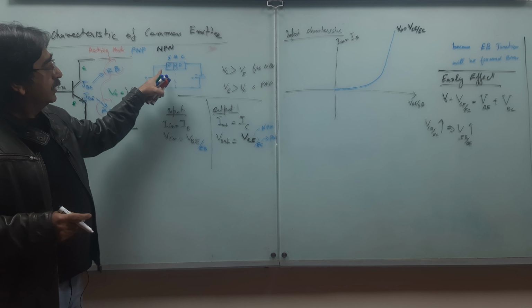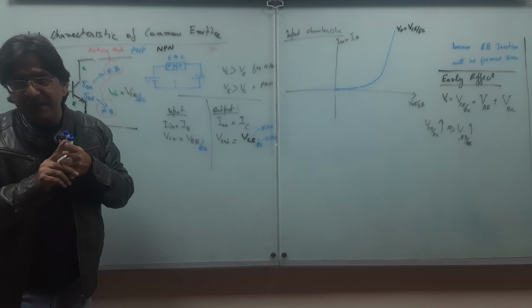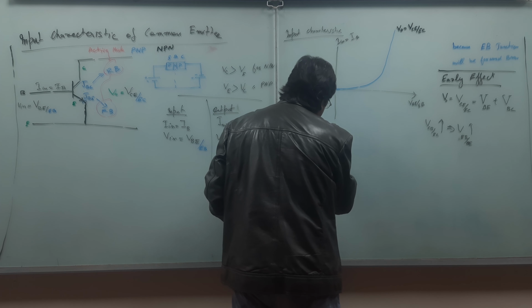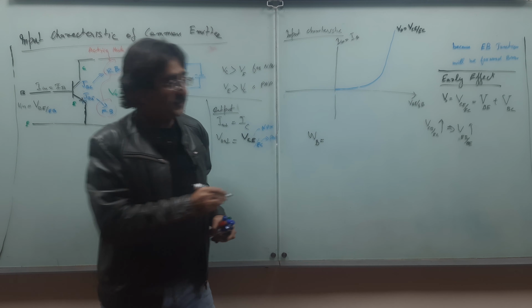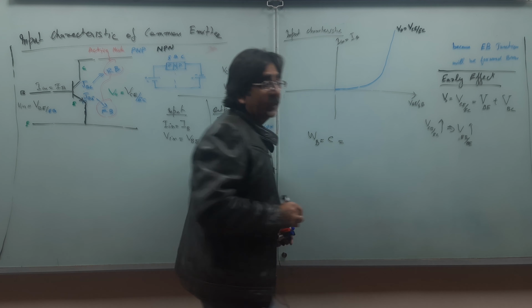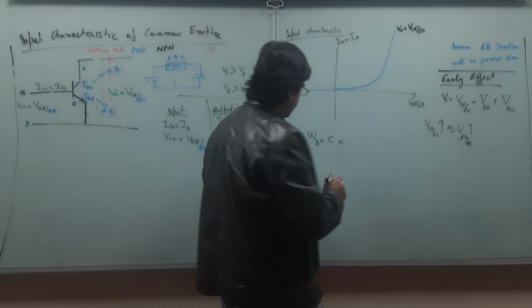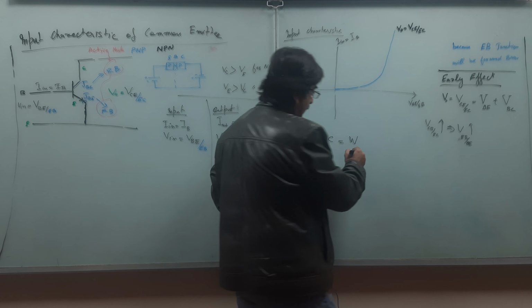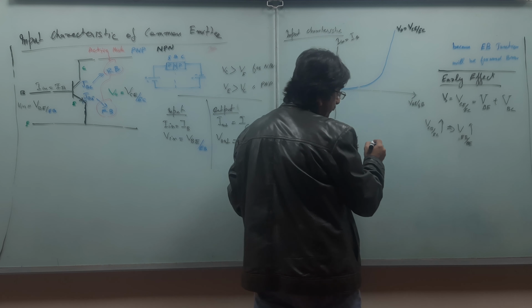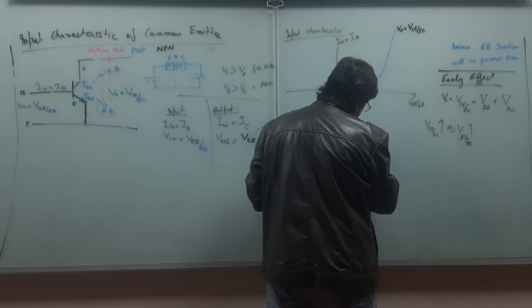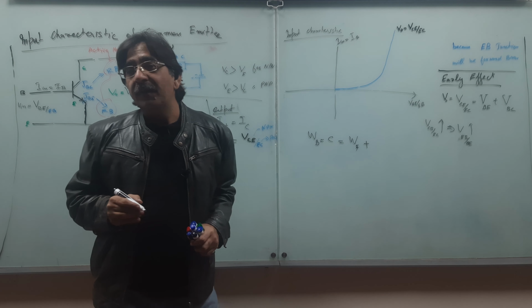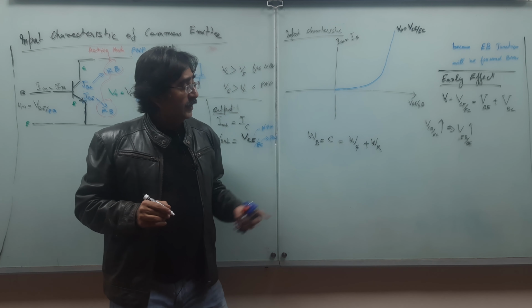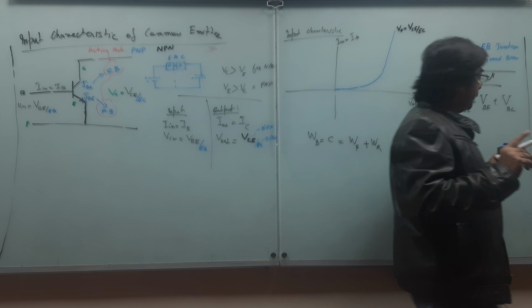From here, as I have already explained, the total width WB is a constant, which is equal to WF plus WR.